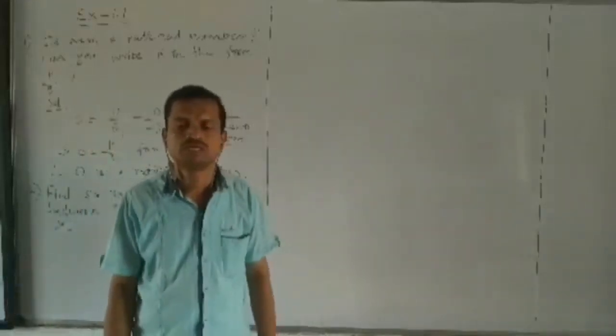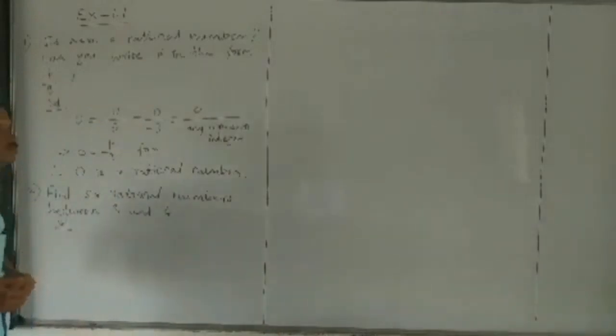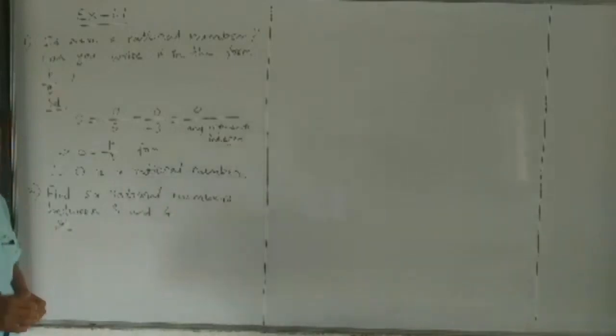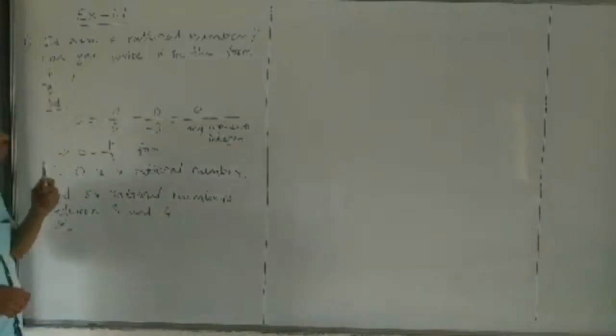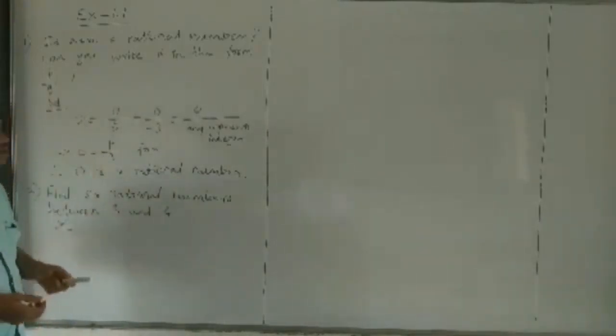And now coming to exercise 1.1. The first question is: is 0 a rational number? Can you write it in the form p by q, where p, q are integers and q not equal to 0? That's the condition for rational numbers. So you can write 0 as 0 by 5 or 0 by minus 3.